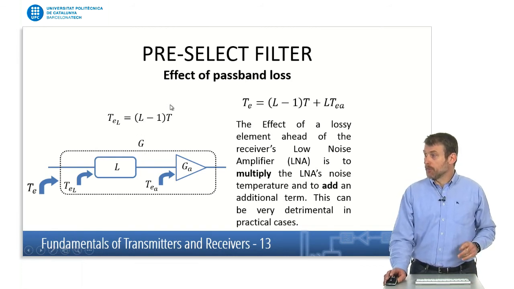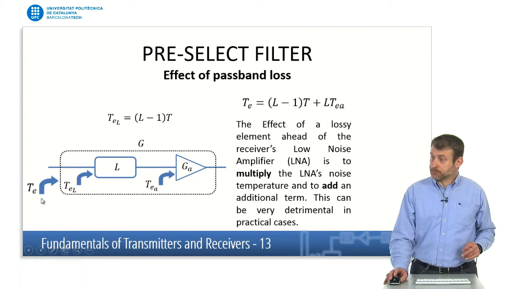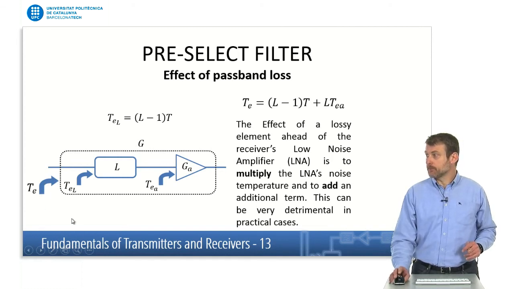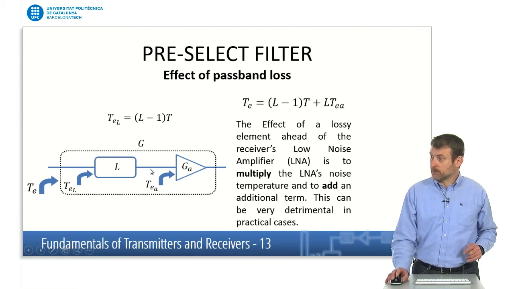So this equation gives the equivalent noise temperature of an attenuator, and if we calculate the overall equivalent noise temperature, then it would be the equivalent noise temperature of the first element, which would be the attenuator, plus the equivalent noise temperature of the low noise amplifier, referred to this point.